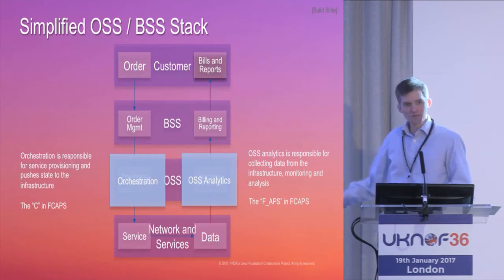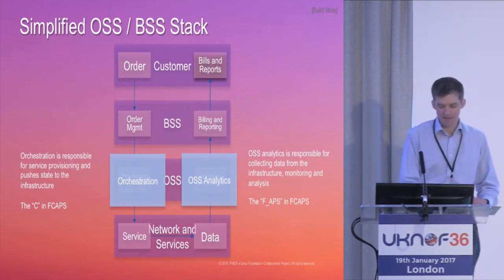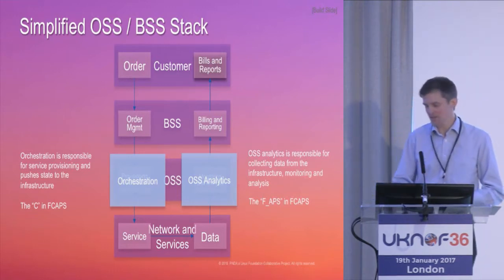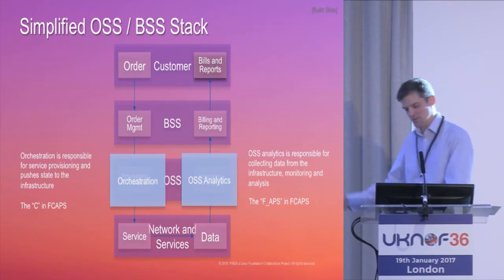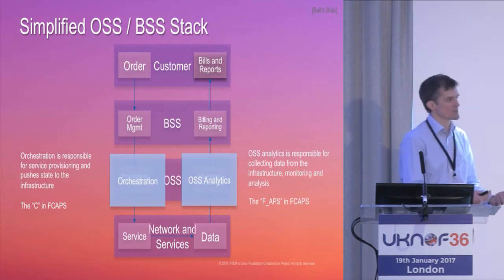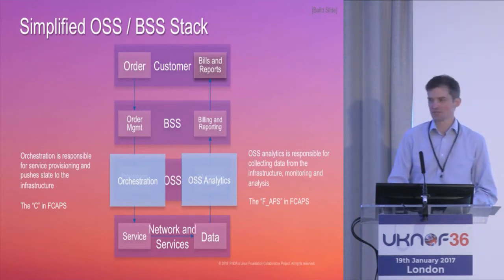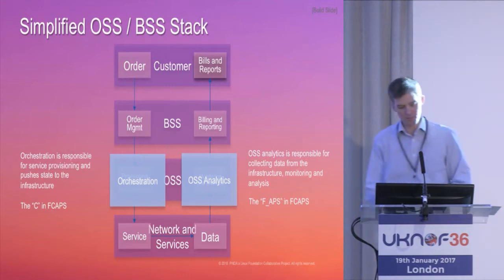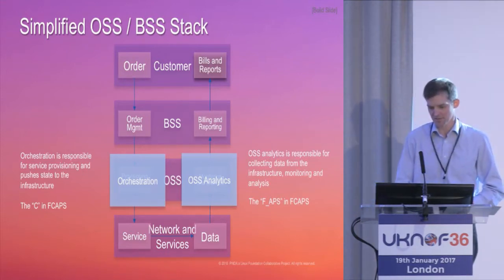In OSS terms, this is where we could put the FAPs from FCAPS, but it's really addressing a much broader set of things. It's not just fault management, assurance and performance management. It's really looking at the broader use of the data coming out of those deployed applications and services, which could be for security analytics, behavioral analytics, or many other things.